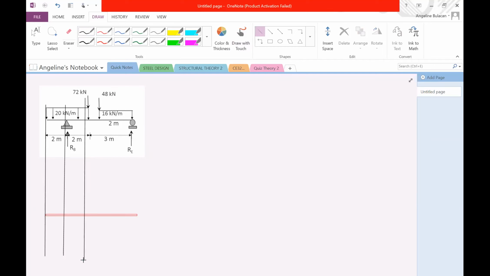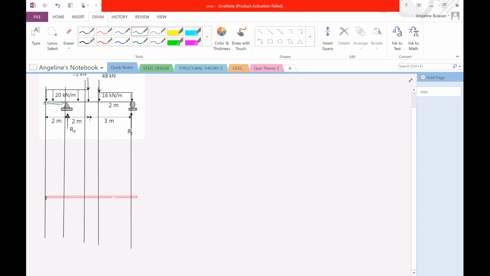Ibig sabihin, yung 20 na to, nagkukos siya ng changes gradually dun sa beam. No? So, from 0, magkakaroon niya ng change. So, to get that change, all you need to do is compute for the area. So, 20 times 2 is 40. Now, since pababa yan, of course, nasa baba din yung 40. So, gradual yung change.